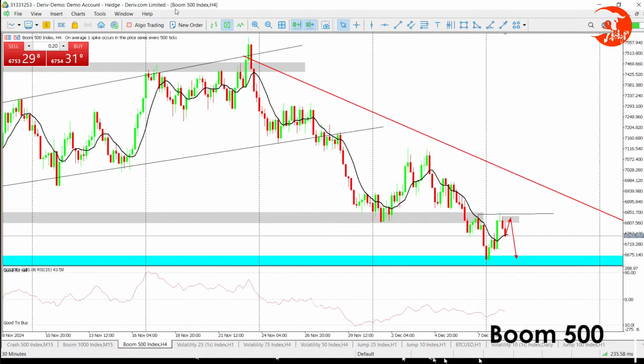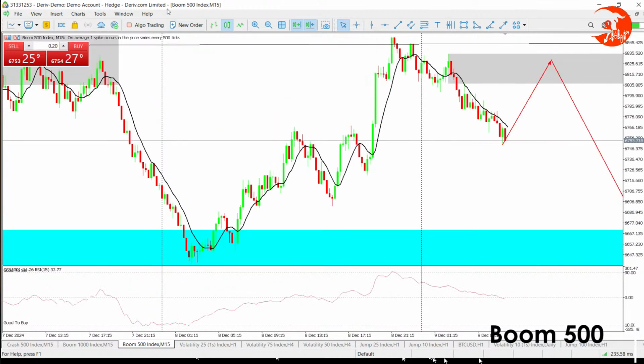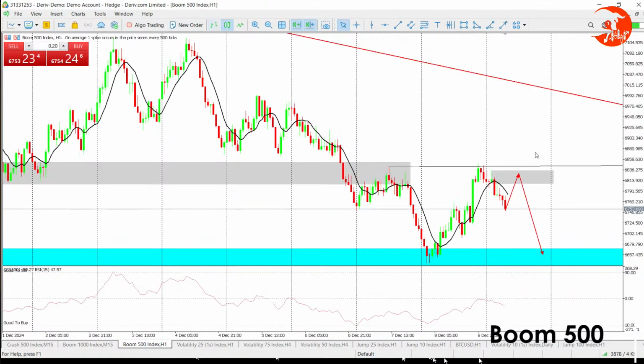So for now, I will leave it at H1 and wait for a clear movement. If it gets back there, I will be looking for my sells. If it doesn't and continues to come here, I'll be looking for my buys once it reaches here. Yeah, that's how I'm going to look at it.